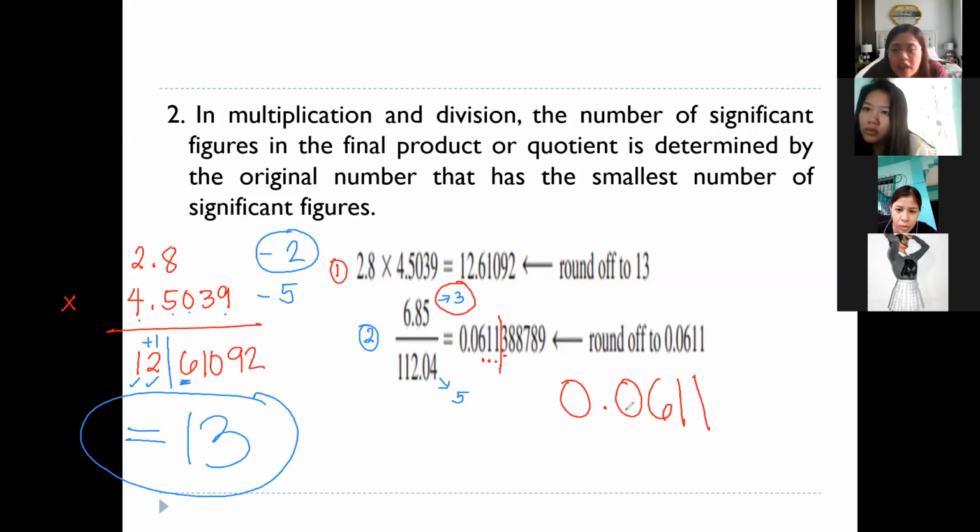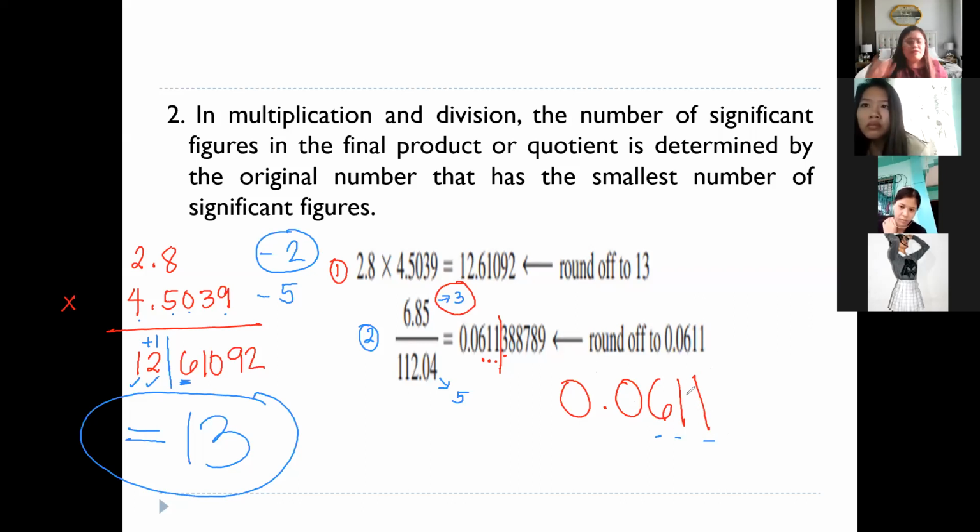0.0611. Ay, magkalimot nga, apil gihapon sa pagsulat sa final answer ang duha ka 0. Ha? Apil gihapon na sila. Pero kung i-check ninyo, 3 significant figures na siya. So, nag-follow gihapon ta sa rule na 3 significant figures lang ang final answer. Okay?